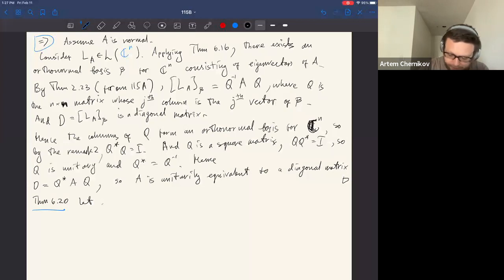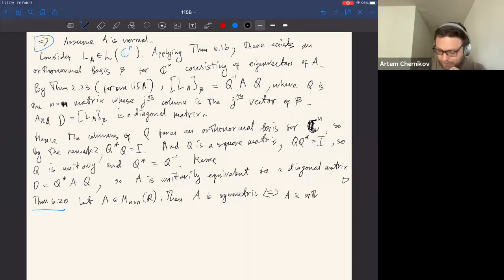Assume A is an n by n matrix over R. Then A is symmetric if and only if A is orthogonally equivalent to a real diagonal matrix.